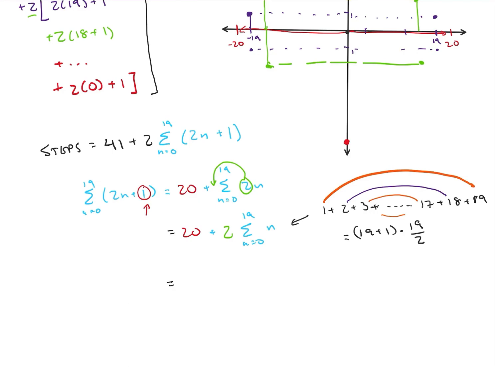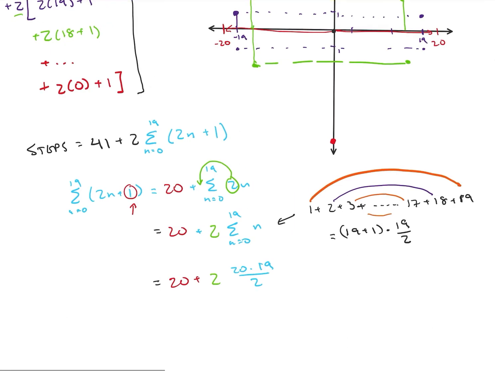Now we have 20 plus 2 times 20 times 19 over 2. These two cancel, and I'm left with 20 times 19 plus 20, which is just 20 times 20, which gives me 400.